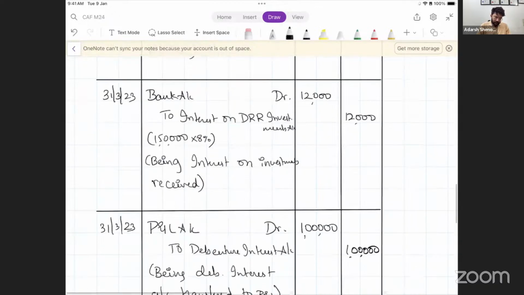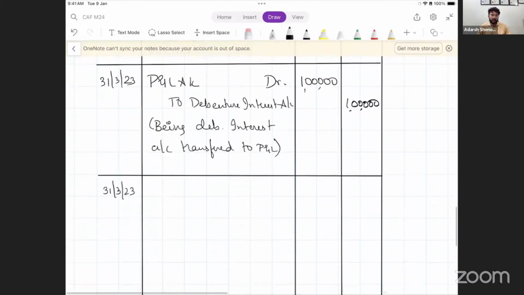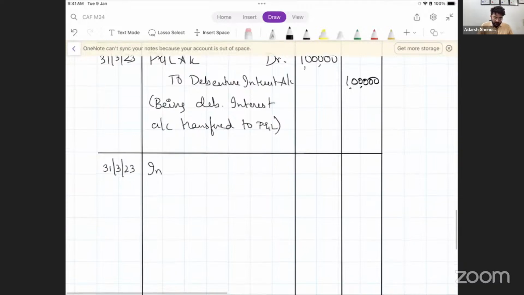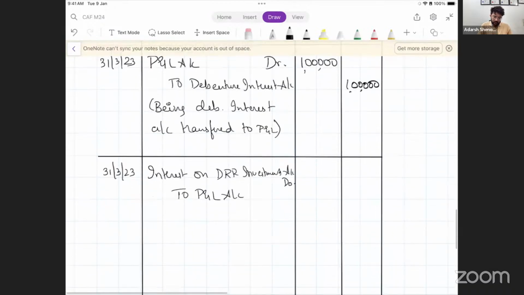Similarly, I'll also have to close the interest on DRR investments. We will have to credit the profit and loss account. That is our income, right? So interest on DRR investments account debit to profit and loss account, 12,000 rupees.